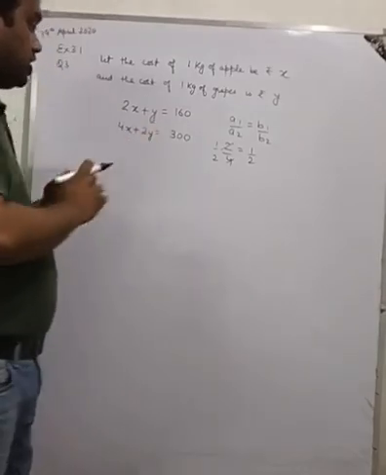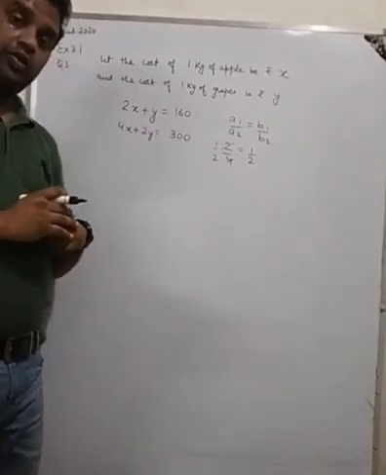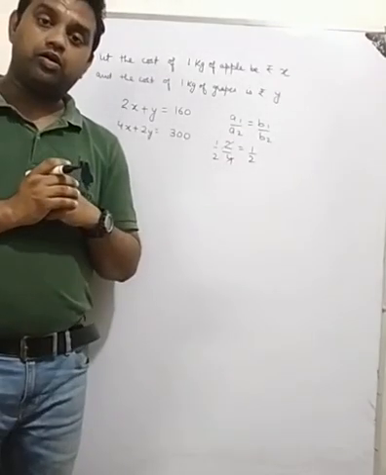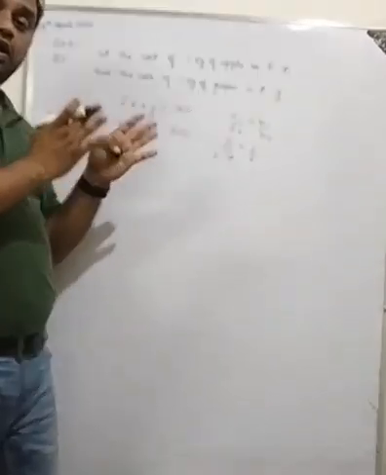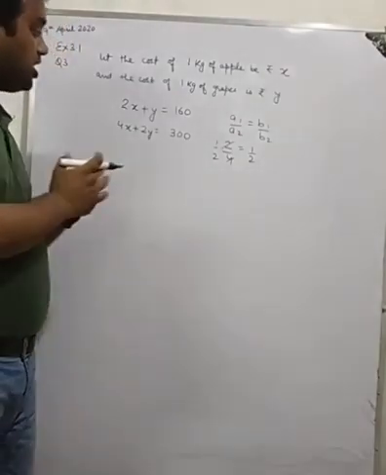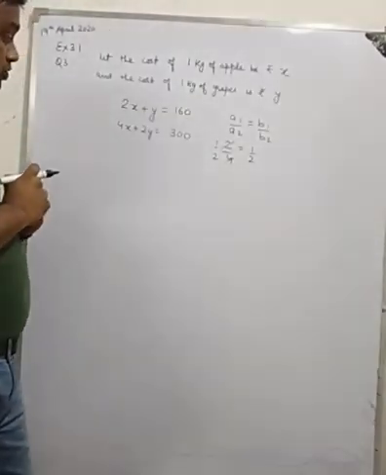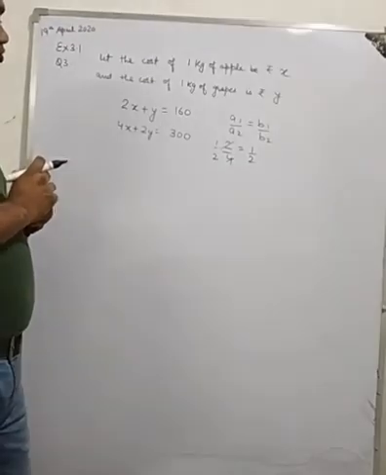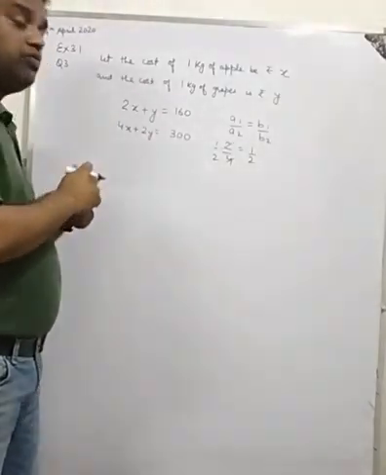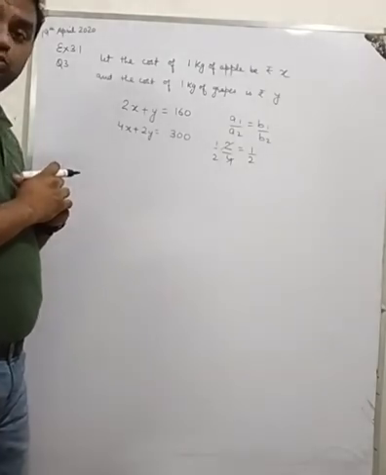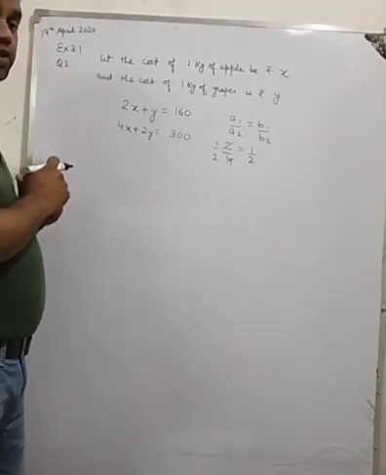So this question is actually representing a pair of linear equations which are parallel in nature. So what we are going to do, we are going to draw a table for these two equations, and then we will plot the two line segments and show.